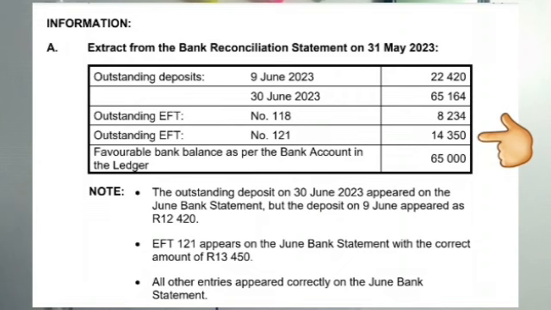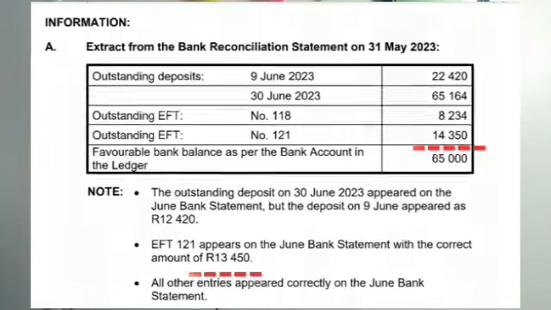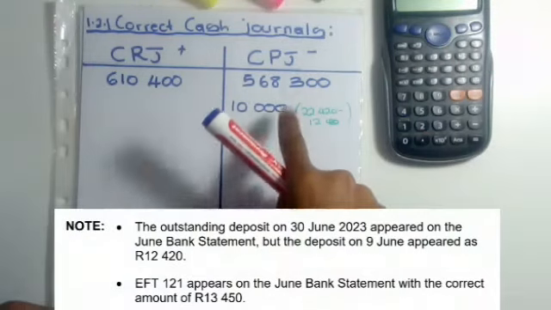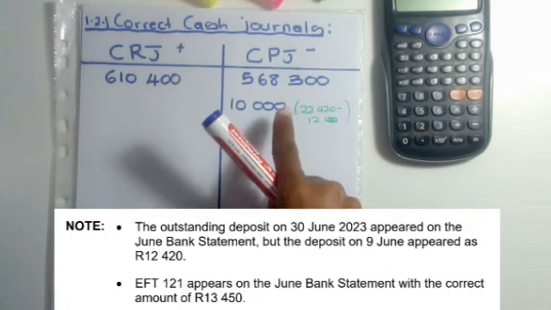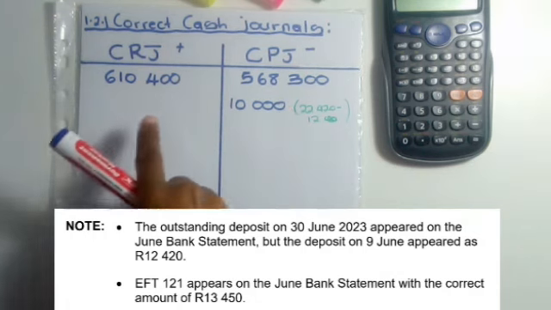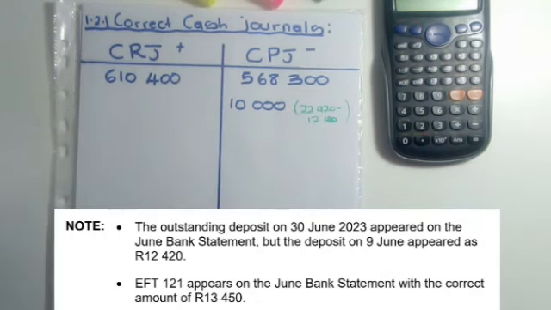The one that is on the bank reconciliation is higher than the one that is on our information, which means it's an overstatement. It's an EFT. EFTs usually go on the CPJ, but then again, this is an error. So if it's an error on the CPJ, we are going to correct it on the CRJ.